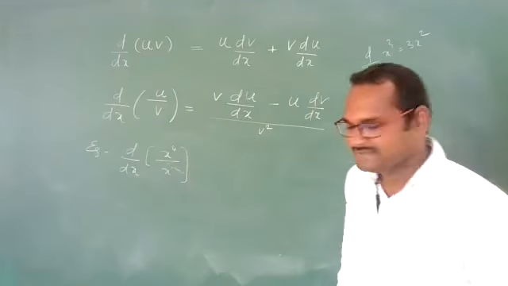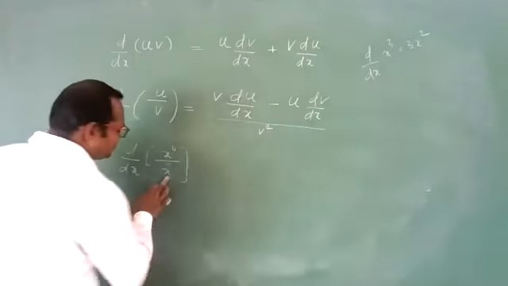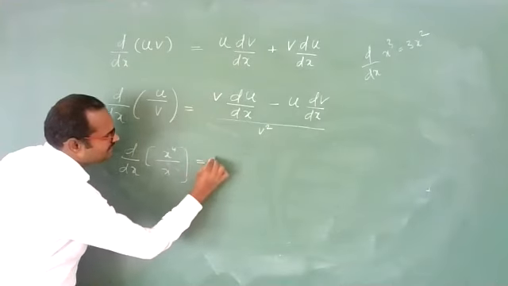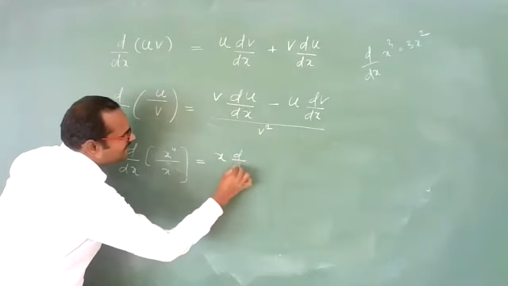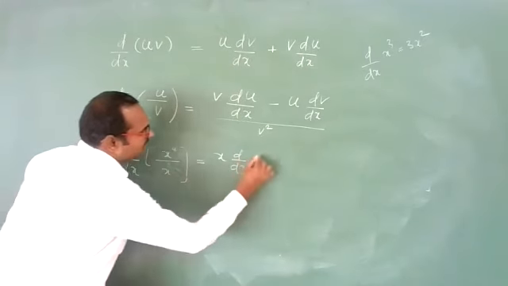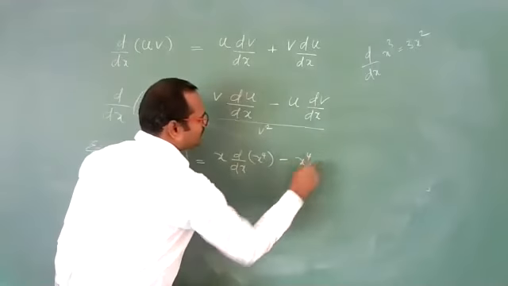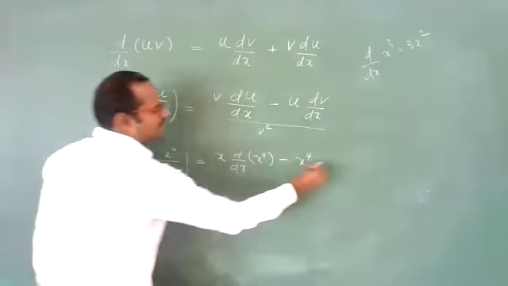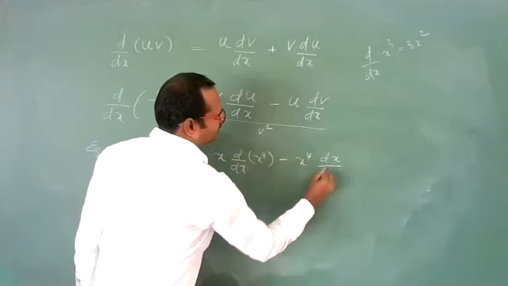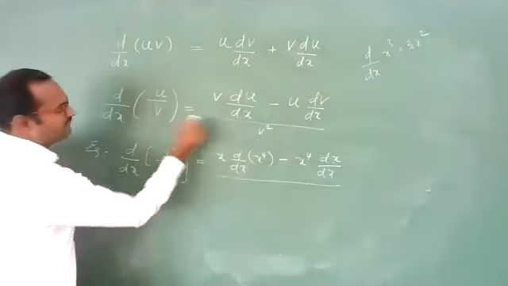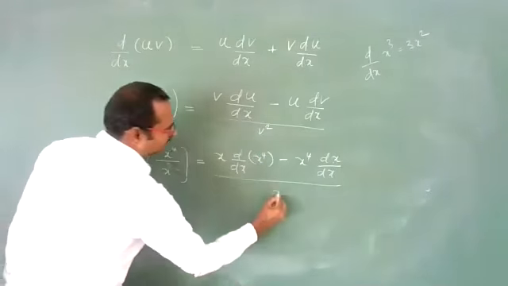Now x is v, x power 4 is u. Substitute: v is nothing but x. d by dx of u, that is x power 4, minus u, which is x power 4, into dv by dx, d by dx of v, divided by v square, that is x square.